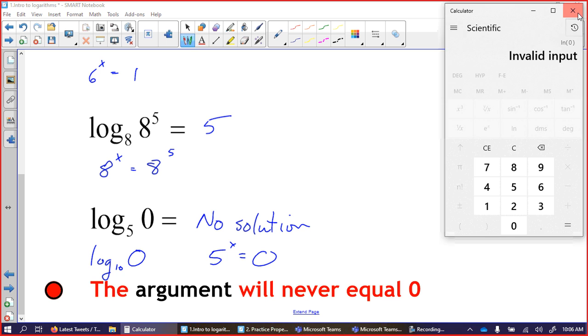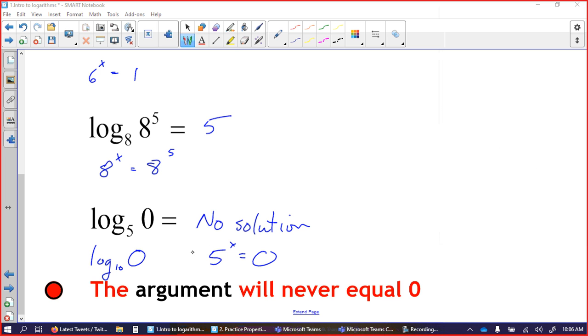Invalid input, because that has no real solution. If we have 5 to the x, well, there's a horizontal asymptote here. The output never actually becomes 0 or less. So that has no solution.